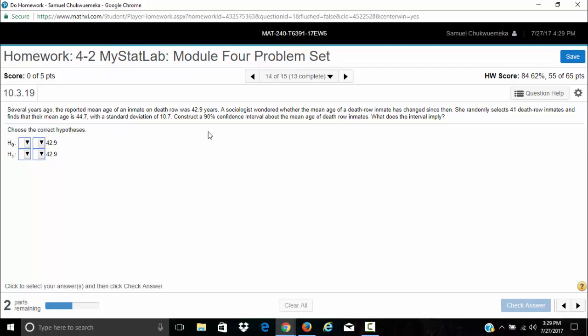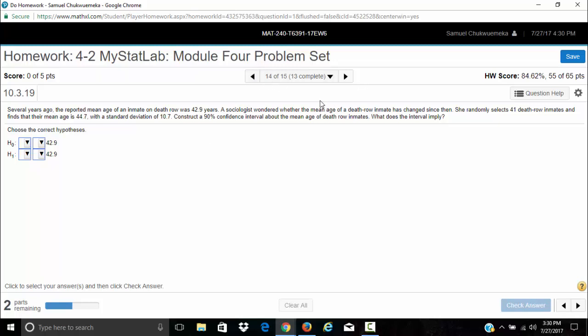She randomly selects 41 death row inmates and finds that their mean age is 44.7 with a standard deviation of 10.7. Construct a 90% confidence interval about the mean age of death row inmates. What does the interval imply?